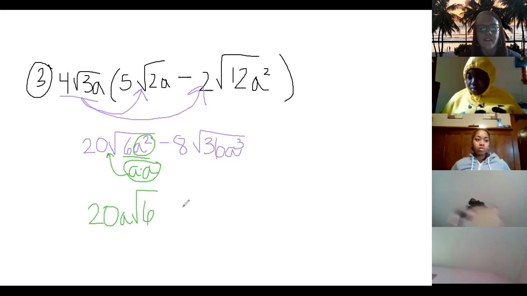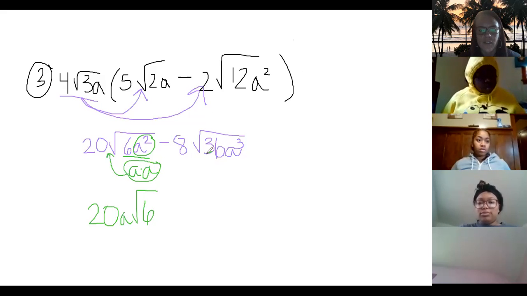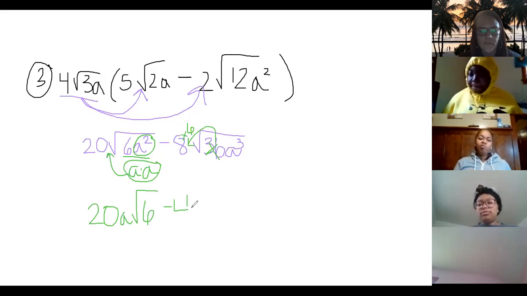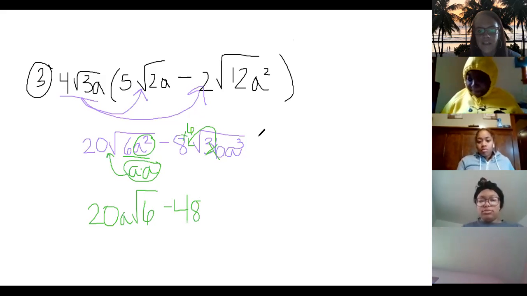Okay. And then the second one, again, if you notice, math alert, math alert. We have the square root of 36 is 6. So this can come out, and I'm going to bring it out as a 6. So I'll multiply that 8 times 6, which gives me a negative 48. And now I have 3 a's left on the inside.